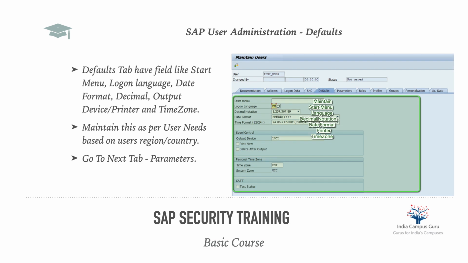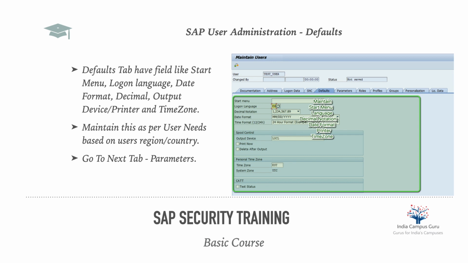The defaults tab again has some user-specific parameters, like the logon language, which is the language in which they should see all the different screens in SAP once they log in. By default it takes the system logon language, like English, or you can override that by maintaining a language just for the user. If a user is Japanese or Chinese or from any other country, you can maintain those languages here.